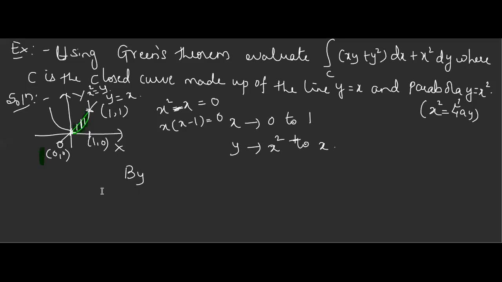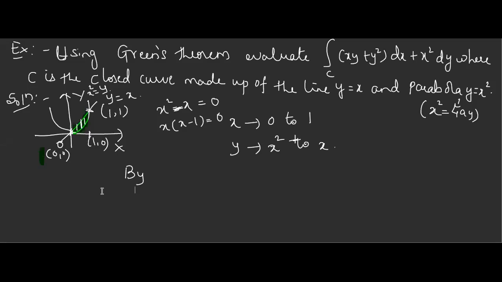In the region A, bounded by C, x varies from 0 to 1 and y varies from x square to x.